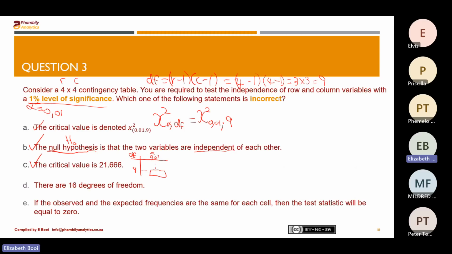So that is correct. And this one says the degrees of freedom is 16. We found that the degrees of freedom is actually 9. So that was the incorrect one.